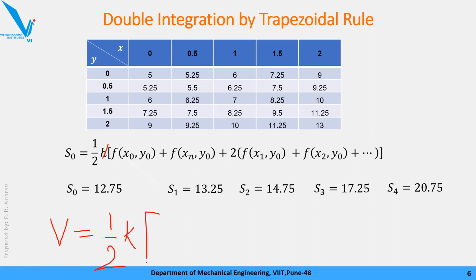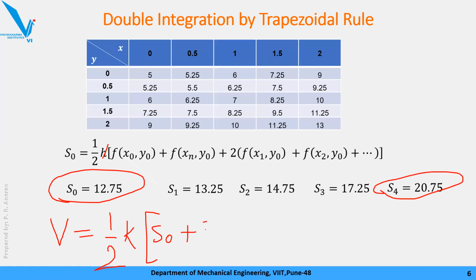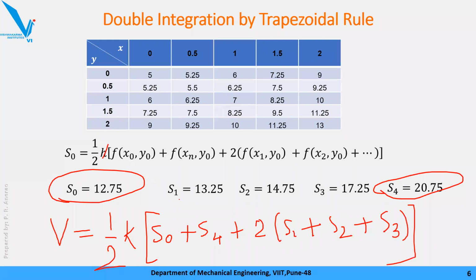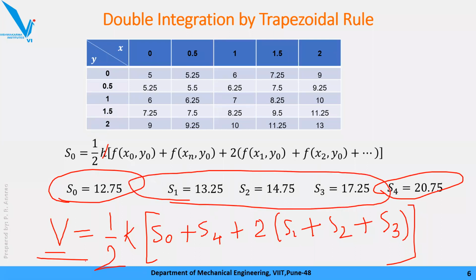So k into first value plus last value plus 2 times summation of remaining values of s, and that's it. Put these values in the function, हो गया अपना, you get the answer of volume.